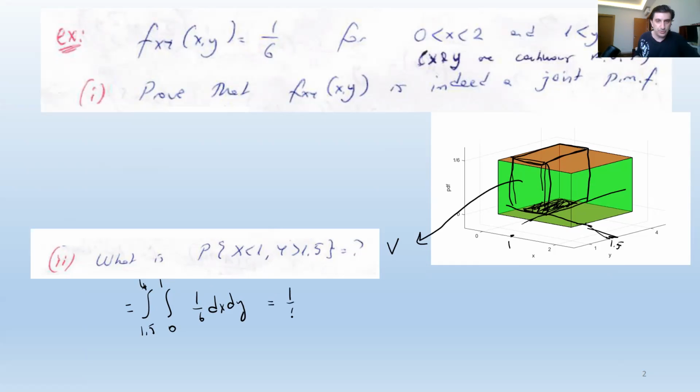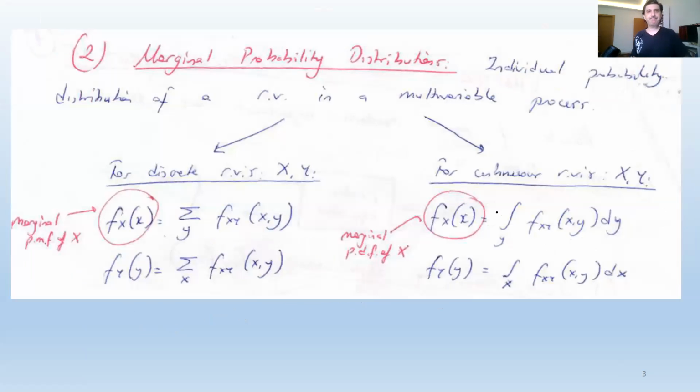I hope I'm doing it correctly. It's going to be 4 minus 1.5 and 1 minus 0, so 2.5 over 6. This is going to be equal to 0.417. Of course, it should be smaller than 1.